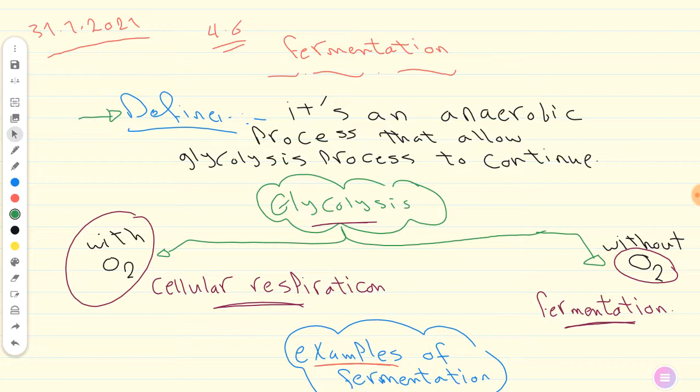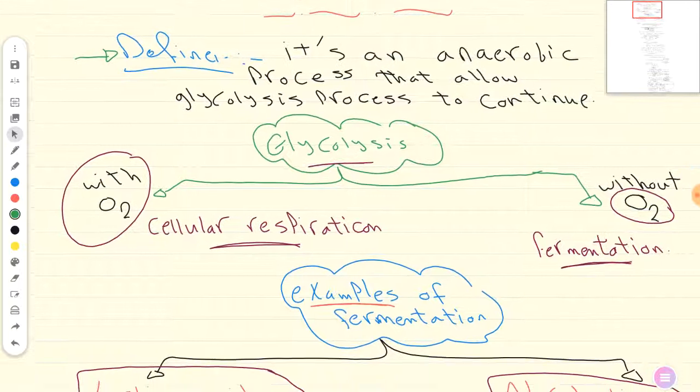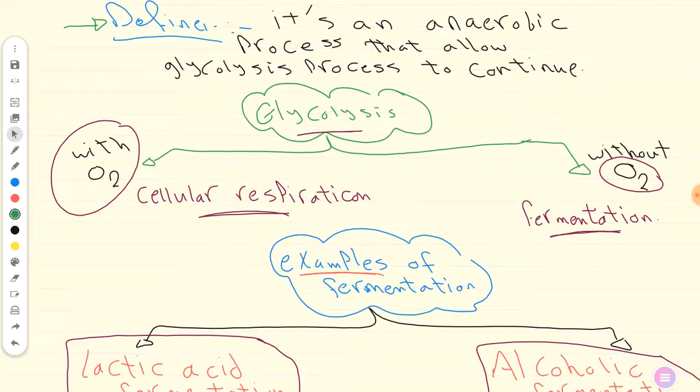In the absence of oxygen, we know that the glycolysis process means the splitting of one molecule of glucose into two molecules of pyruvate. So in the presence of oxygen, glycolysis completes the cellular respiration process for the production of energy.